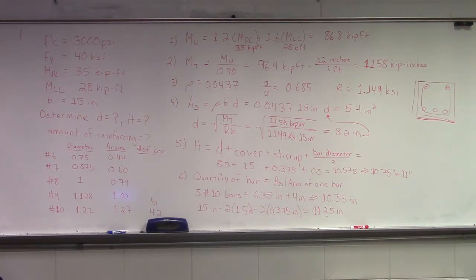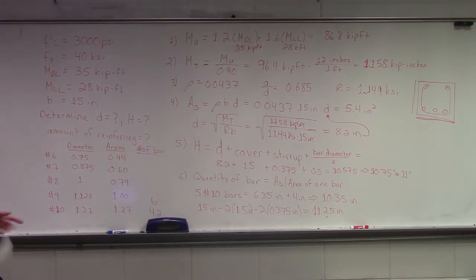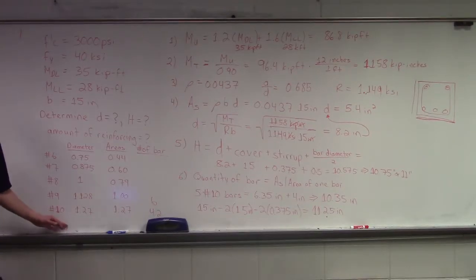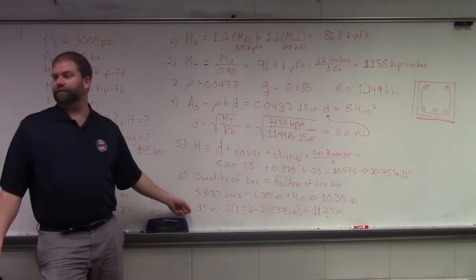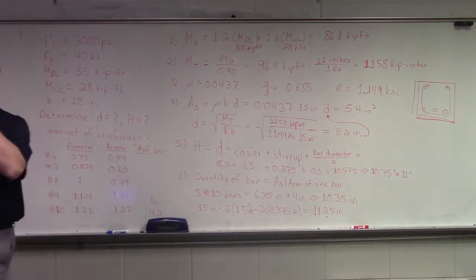How do I know that's better than using 4 number 11 bars with just under 2-inch spacing, which also works? That could be too. If you didn't hear Kurt's question, Kurt has a very good question. He said, hey, I looked at number 11 bar and it works. Why would I put in 5 of the number 10 bar when I could use 4 of the number 11 bar?